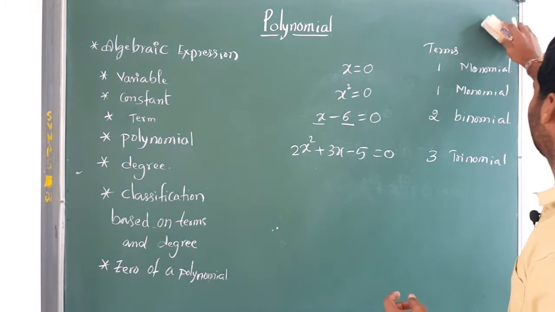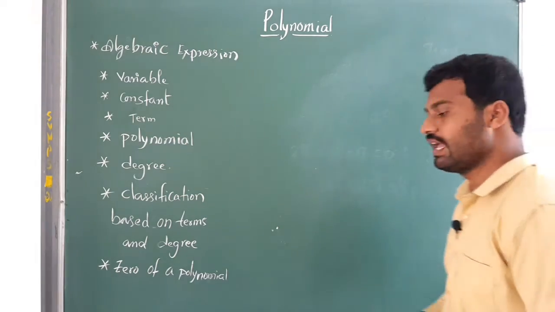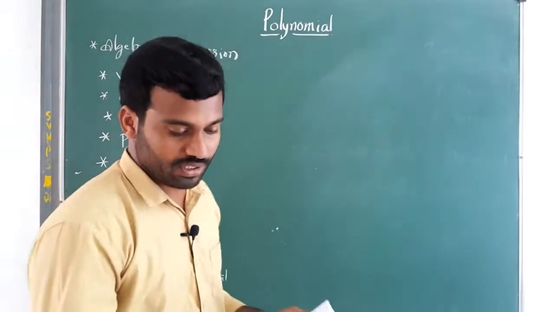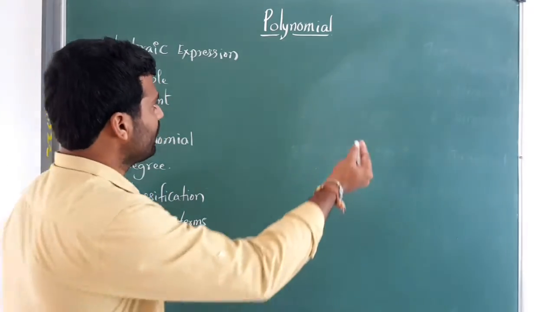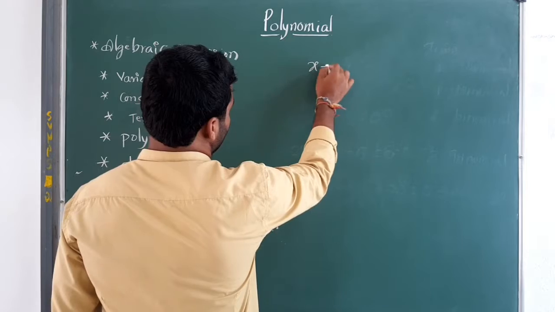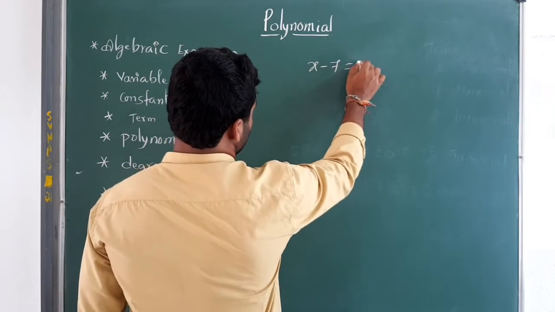I will take some examples so that we get a clear picture. For that, what will I take? x minus 7 is equal to 0.